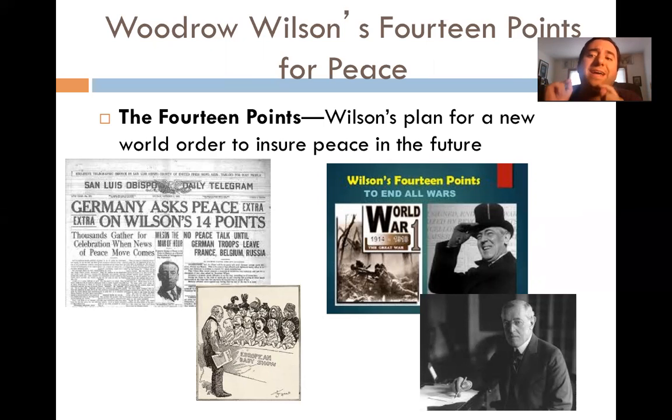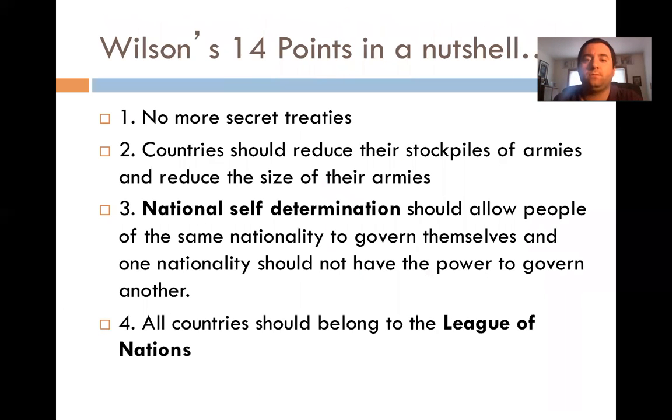His goal is to establish that peace around the globe, because he feels if that peace can be established around the globe, you could have the order necessary to prevent a great war like this one in the future. So jot that down. Those are his 14 points to end not this war here, but all wars. The war to end all wars.